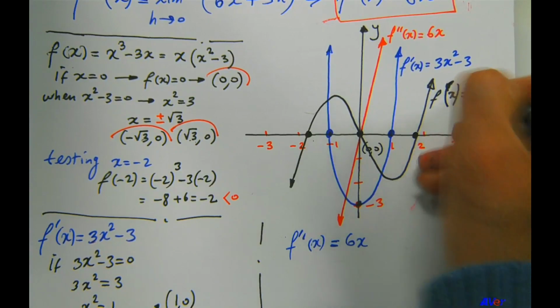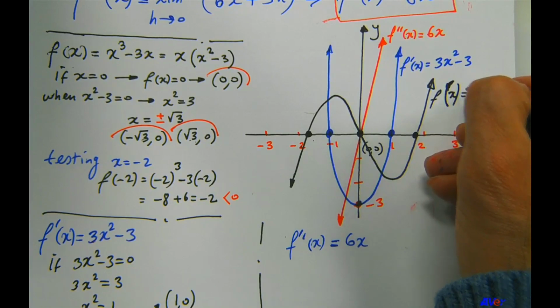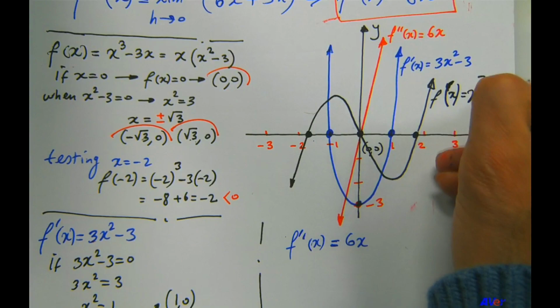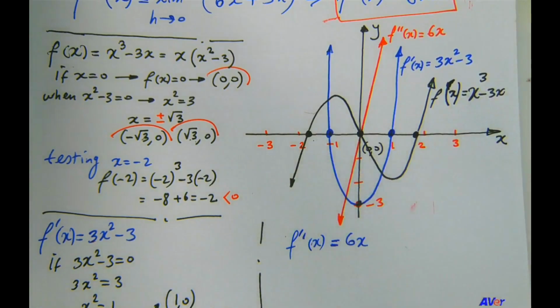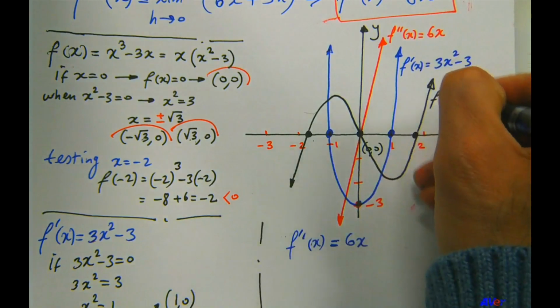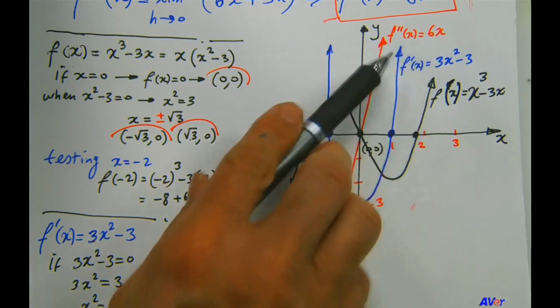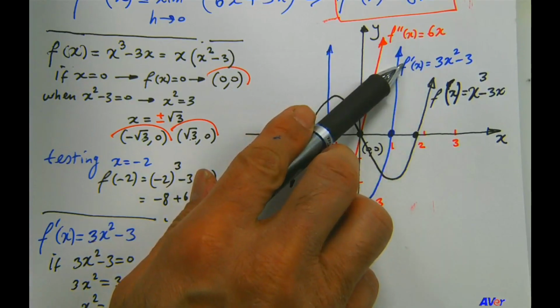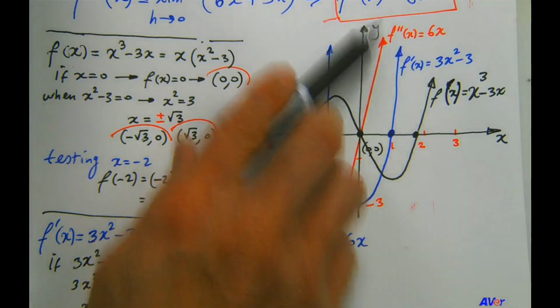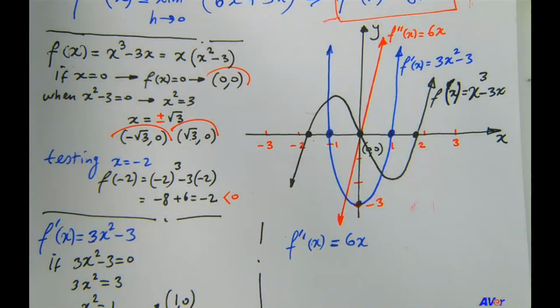F of x equals, what was it? It was, right there, x cubed minus 3x, right? So as they asked us, we've graphed all three: the original function, the first derivative function, and the second derivative function, all on the same set of axes. So there you have it.